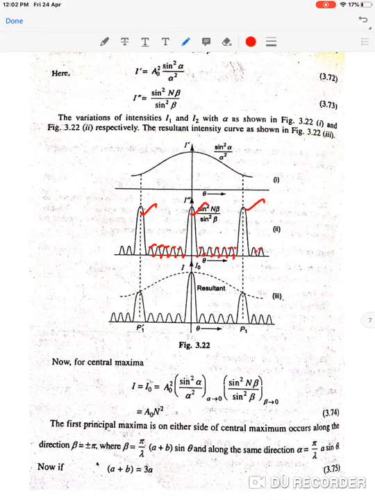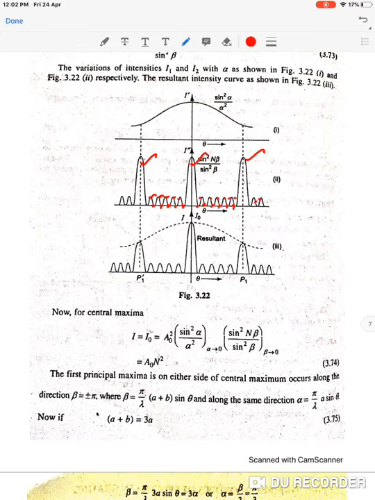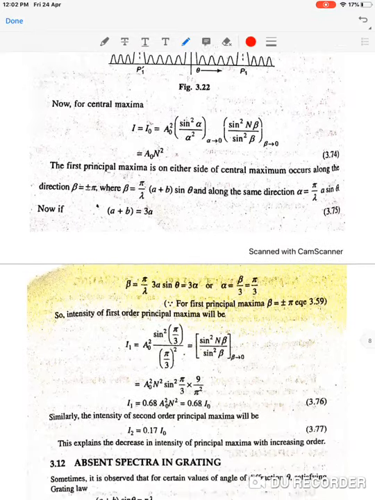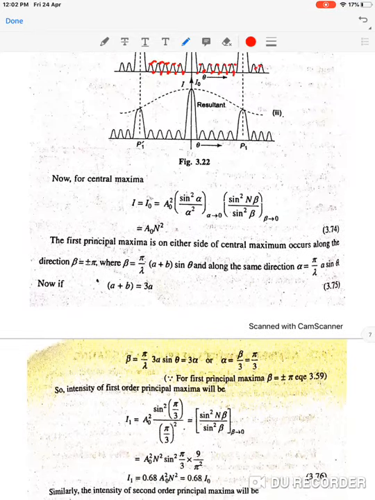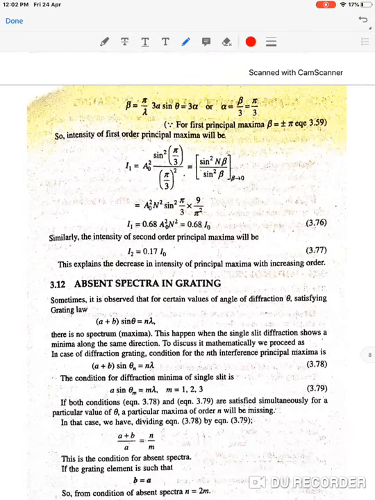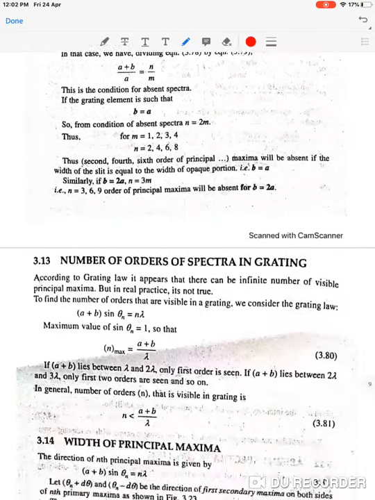The intensity of the secondary maxima is very small compared to the principal maxima. So this is the complete explanation of Fraunhofer diffraction due to n slits, due to a plane diffraction grating.